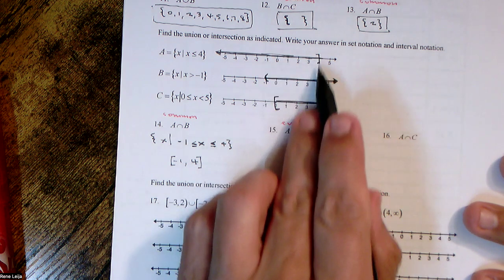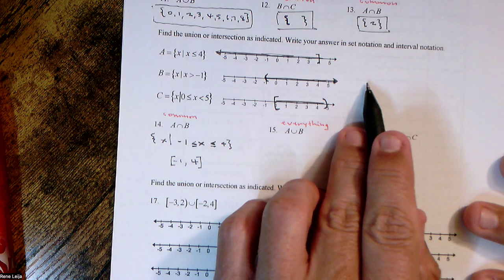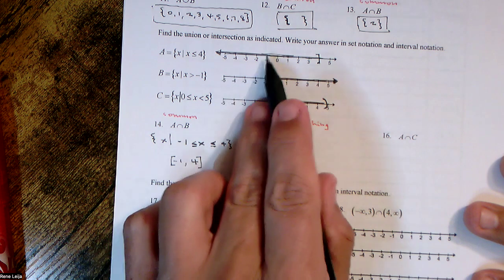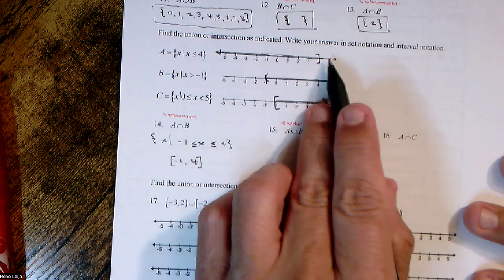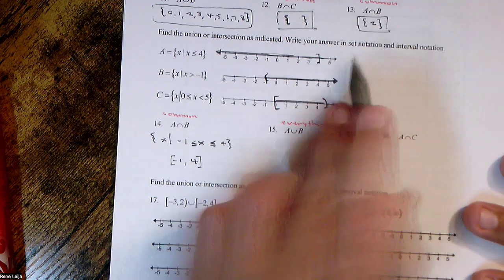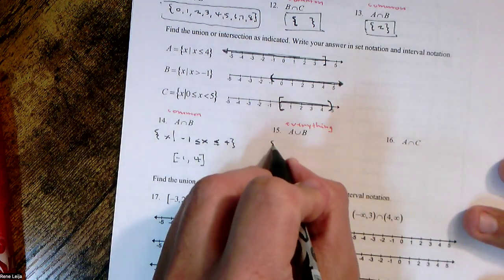And notice how set B goes past 4. Okay, so where this part doesn't exist, this does. So it covers this part up. This part doesn't exist, but this does. So it covers it up. So in other words, that means it's going to be all real numbers.